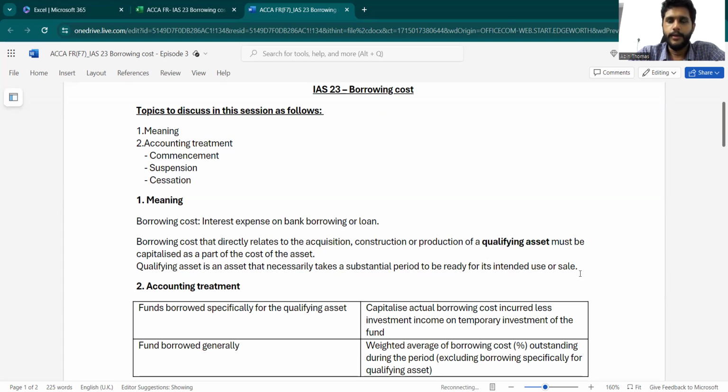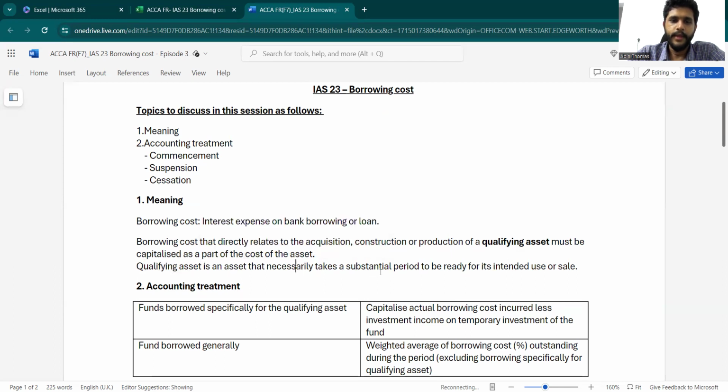So the business took a loan to extend their manufacturing plant. This manufacturing plant will take a substantial period of time to complete its construction. So that's what a qualifying asset is known as. Here in our example, this manufacturing plant is a qualifying asset. How can we identify it as a qualifying asset?